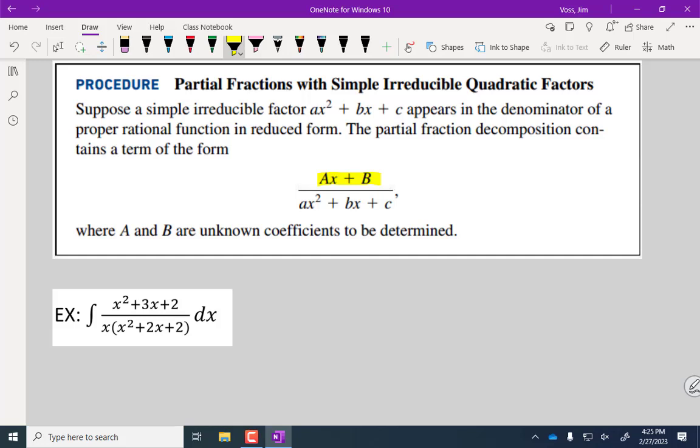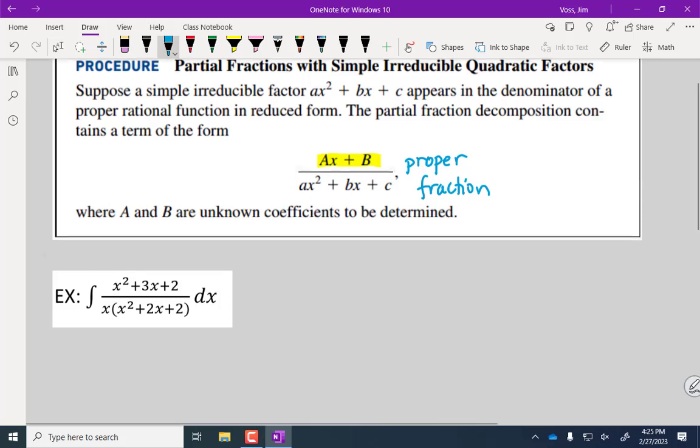When you have a quadratic factor, you have a linear up top. We want to maintain the concept of a proper fraction, but be as general as possible. If the bottom is a quadratic, it's still a proper fraction if we go all the way up to a linear on top.